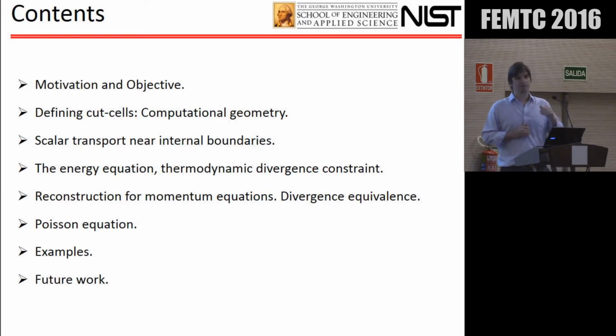Mainly, I'm going to talk a little bit about the inner workings, or what's under the hood, on the FDS model. The scalar transport for chemical species, and how that's being dealt with in the added software we're working on, and the energy equation and the divergence constraint.